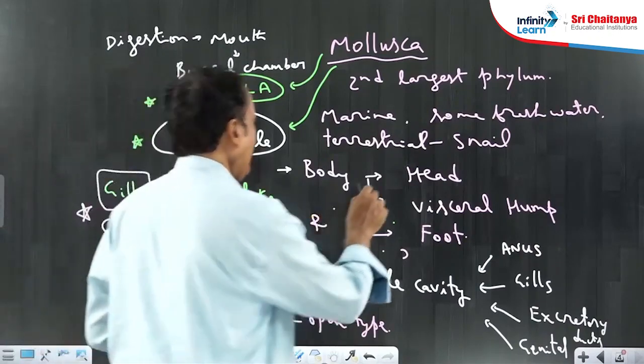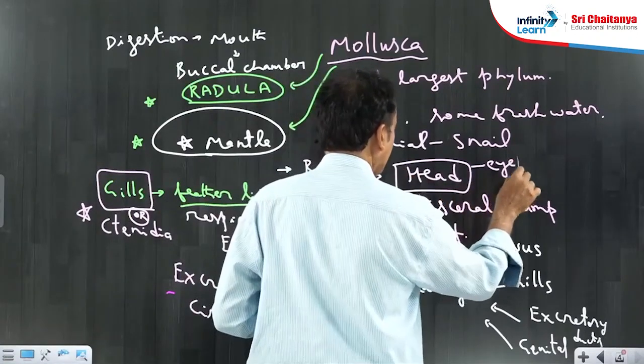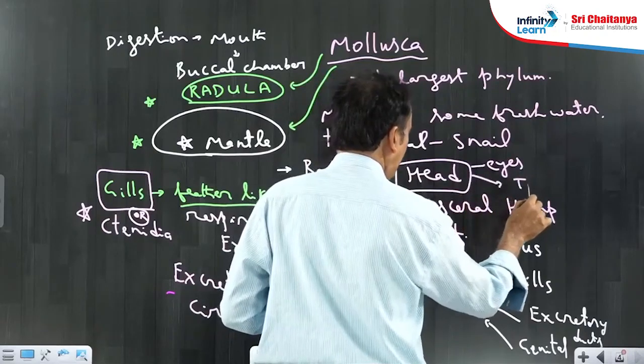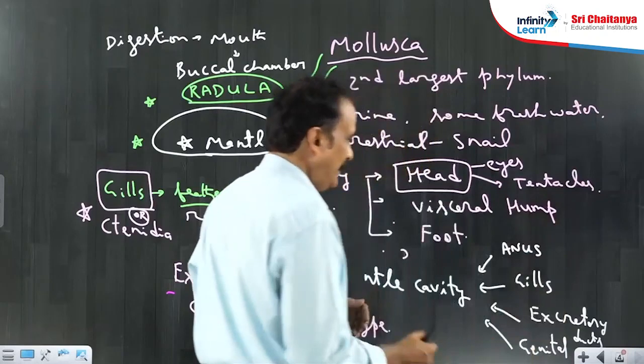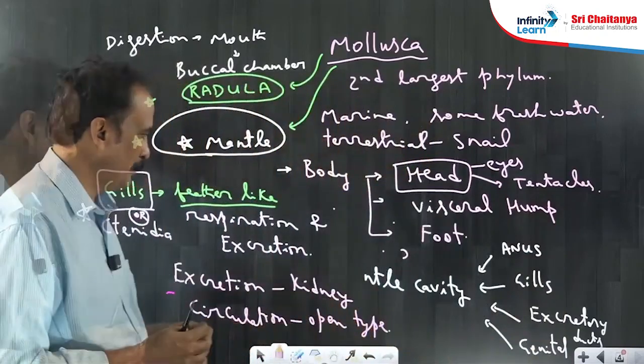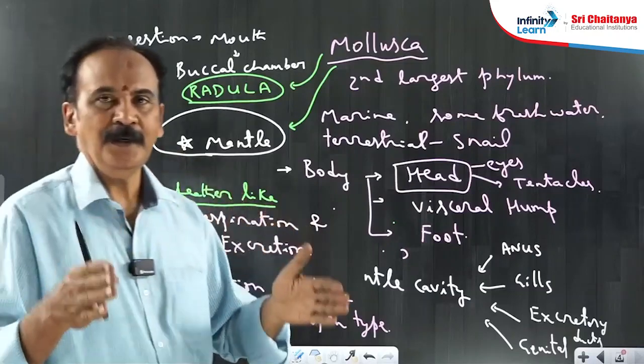The head of the body has sensory structures in the form of eyes. The head also has tentacles acting as sensory structures in the group, and the body is protected by a calcareous or calcium carbonate shell.